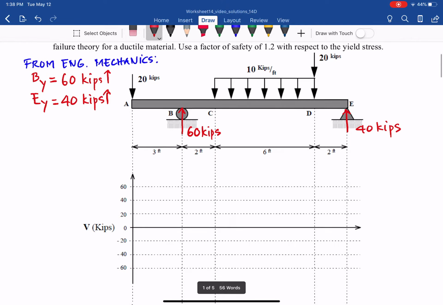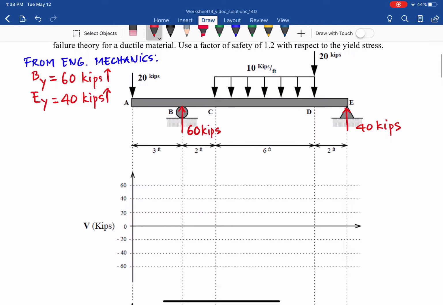And then we apply your shear and moment diagram knowledge to draw this. For the shear diagram, always start from left to right, starting at 0. At A we have 20 kips going down, so there is a discontinuity in the shear diagram, going down 20.